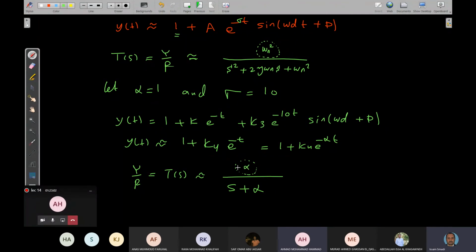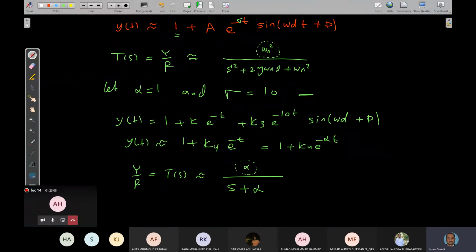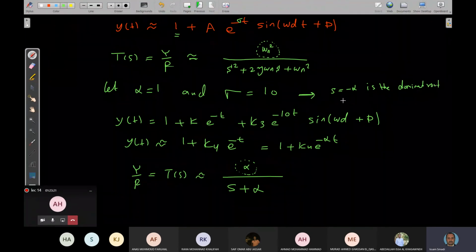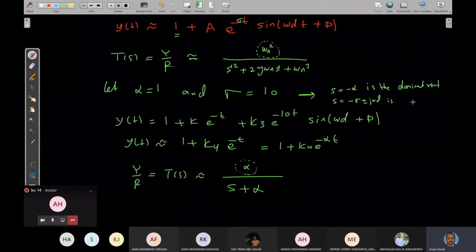Alpha, in order to maintain the DC gain equal to what? To 1. Yes. So the same thing here: we are saying that s equal to minus alpha is the dominant root, and s equal to minus sigma plus minus j omega d is the non-dominant.